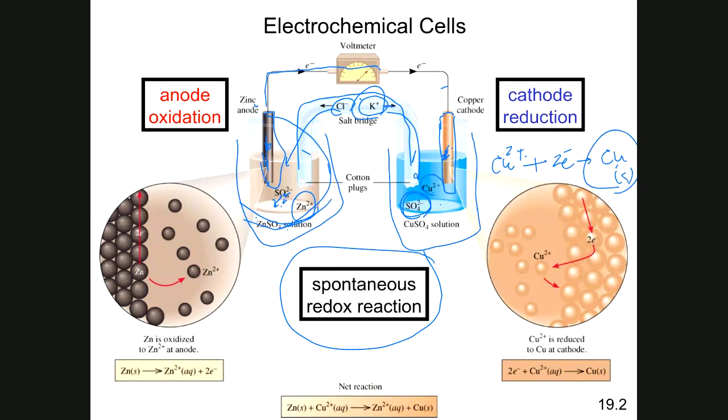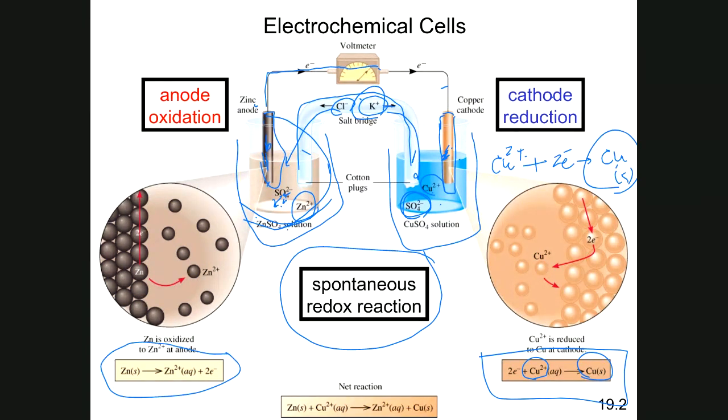The oxidation is happening in the anode and the reduction is happening in the cathode. We have two half reactions. Electrons are gained by Cu2+ to change to Cu solid. This is called reduction, which is happening in the cathode. And then zinc is being oxidized.